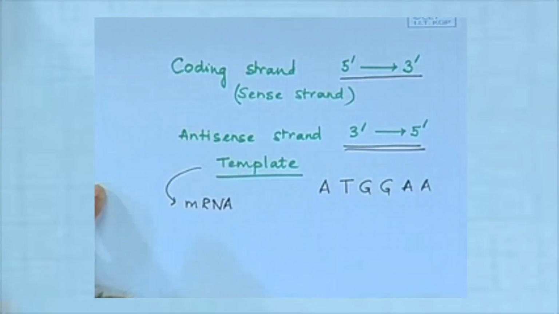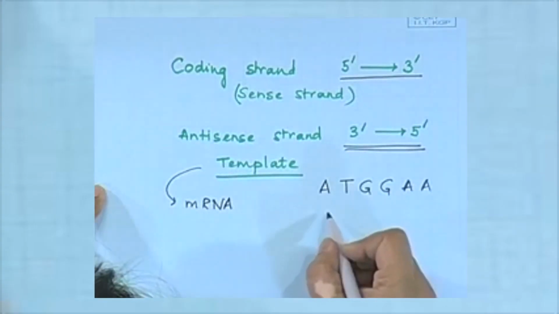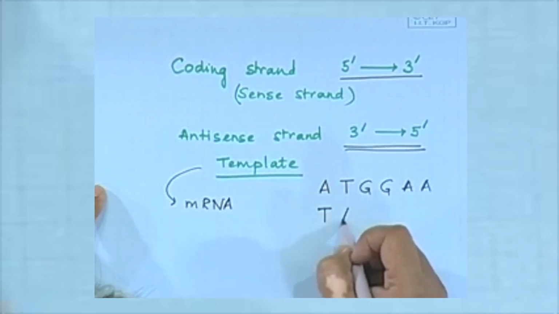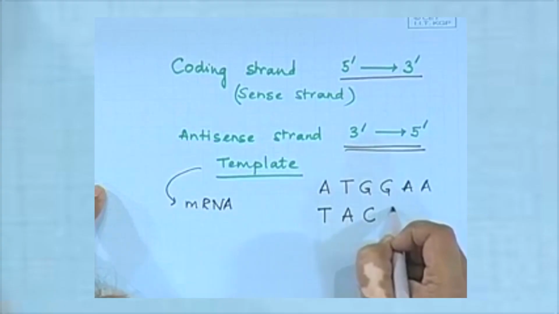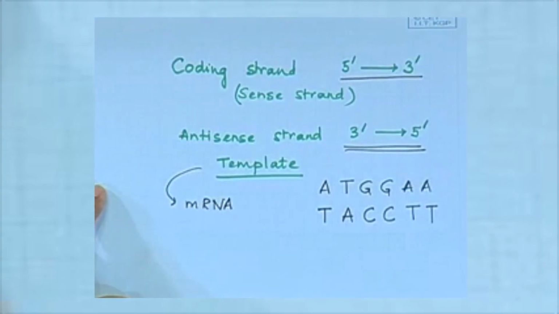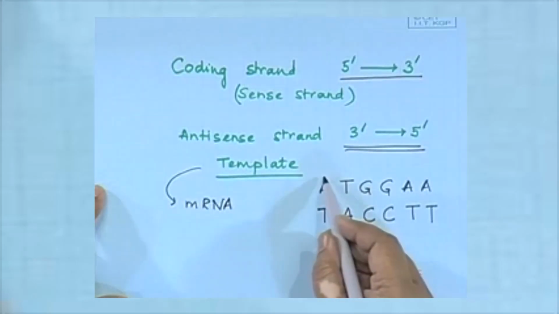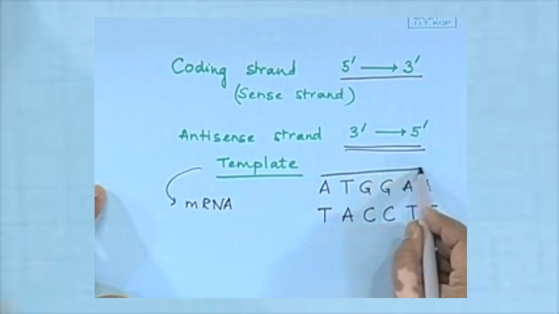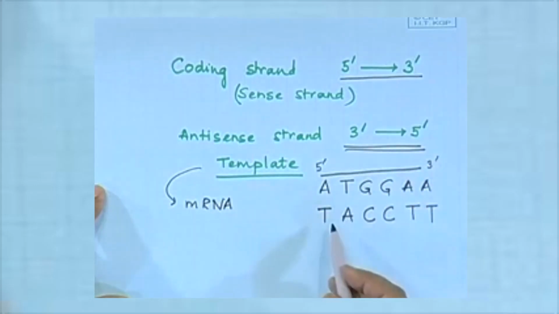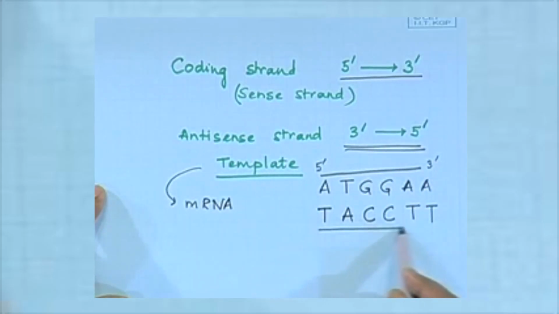Then what is the antisense strand going to be? What am I going to have here? T, A, C, C, T, T. Right? So this is my sense strand that goes from 5 prime to 3 prime. This is my antisense strand, that is 3 prime to 5 prime.